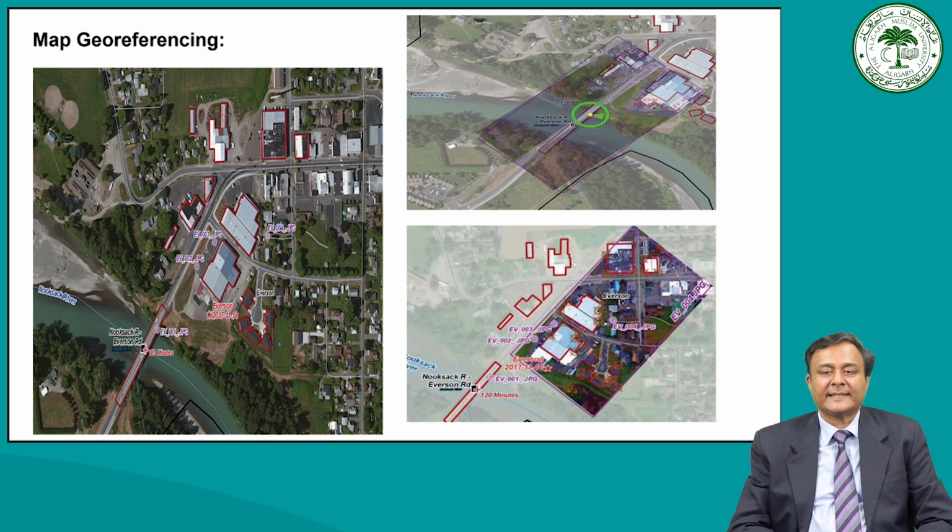And then we assign the map GCPs the coordinates from the real world. This way we georeference the map, which is actually aligning the map locations with ground coordinates. In other words, assigning and matching the same coordinates on both the map and the real world. So this is what is known as georeferencing.